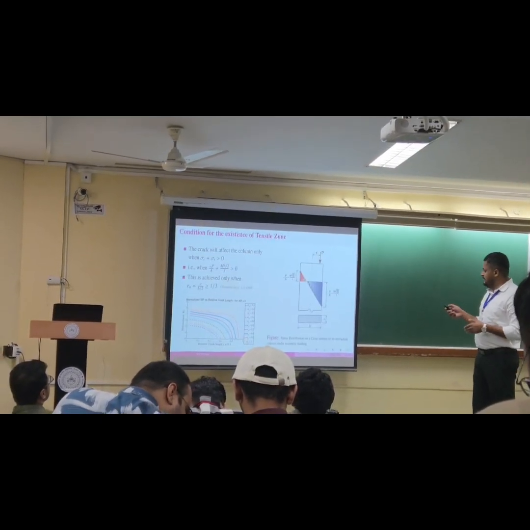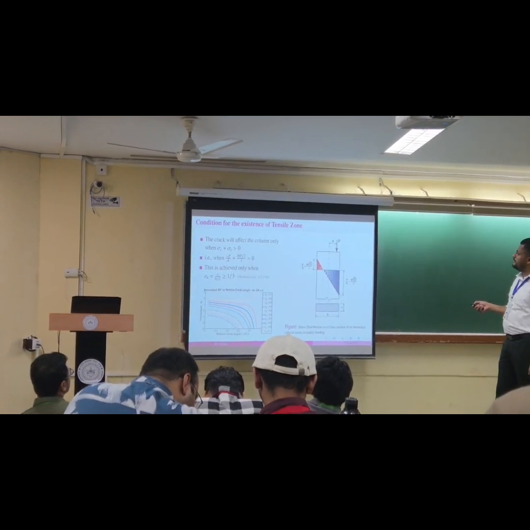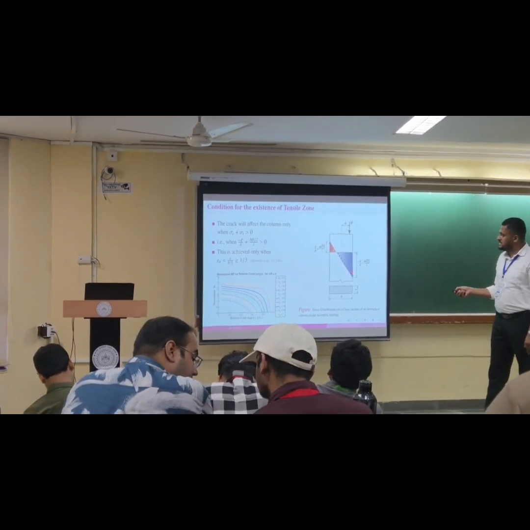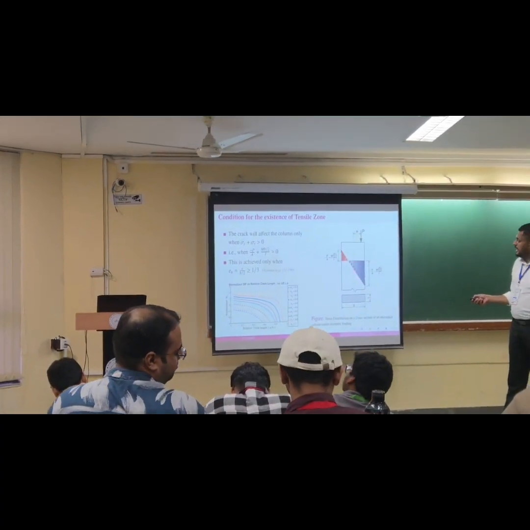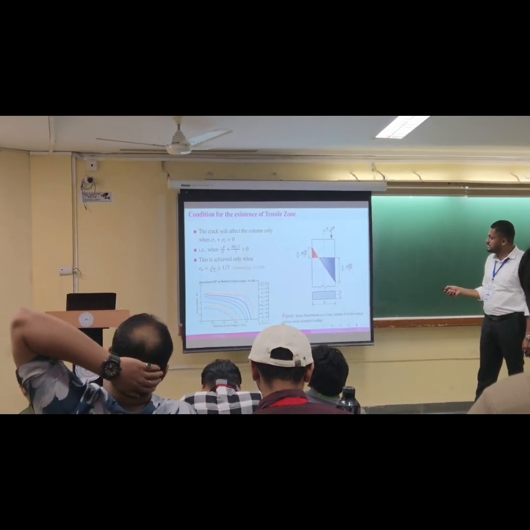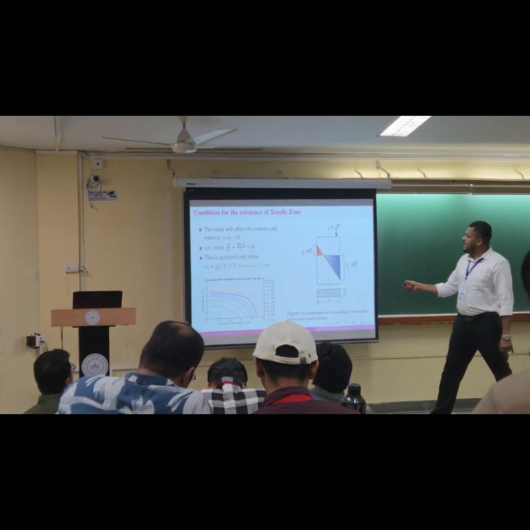For that, we did a basic analysis from a mathematical point of view. We did the loading here, and this is the stress distribution. We have negative stress on this side and positive stress here. And the crack will be open only when we have this red region.